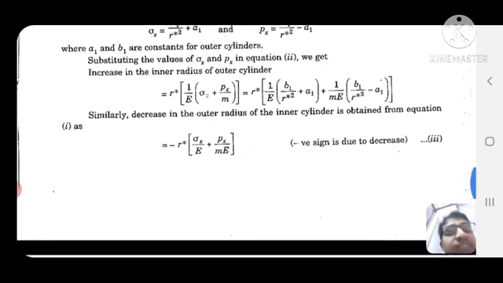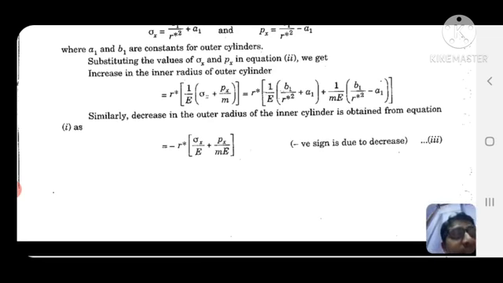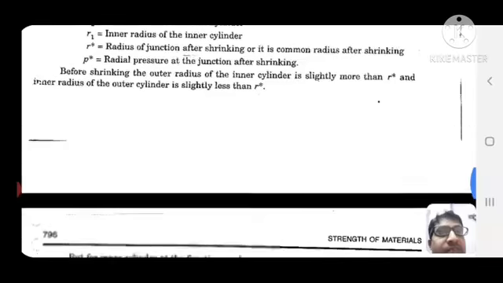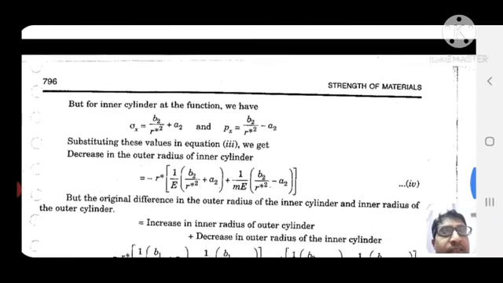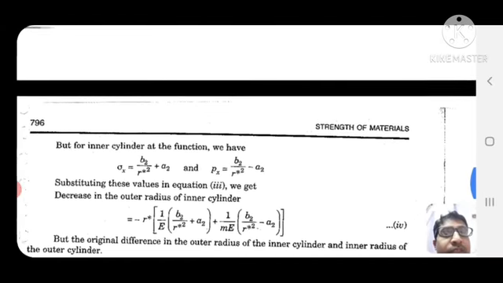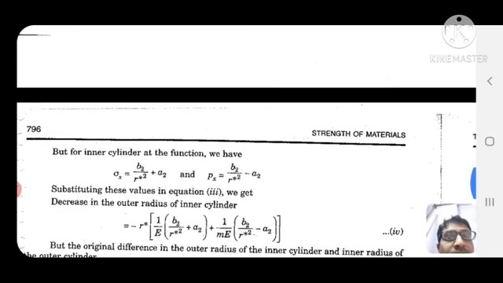Similarly, decrease in the outer radius of the inner cylinder is minus R star into sigma x by E plus P_x by m E. So decrease in the outer radius of the inner cylinder is equal to this one.